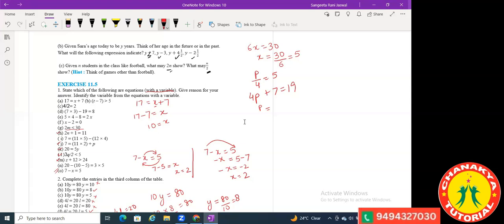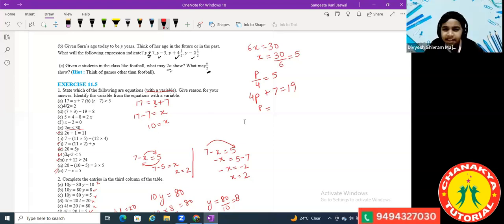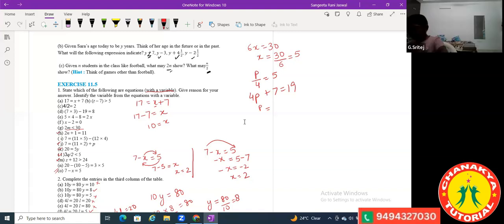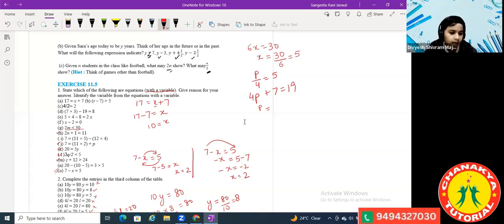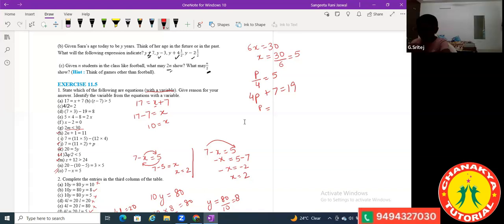Yes, quickly find the value of p. Ma'am, it's 3, because when we send 7 to the other side, 19 minus 7 equals 12. So 4 into what equals 12 is 3. So that's why p is equal to 3.